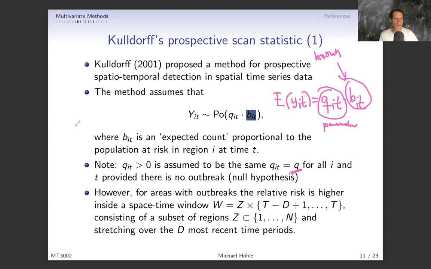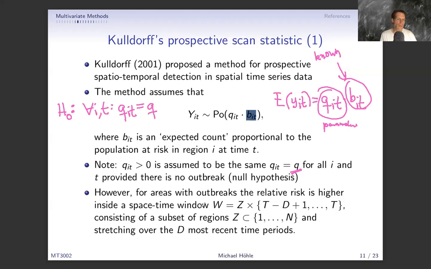So H null will be something like, for all regions and time points, we will have that q_it is equal to q, the same overall parameter. And we will contrast that with an out of control or alternative hypothesis, which says that there are some areas, and areas here we mean not only spatial, but spatial-temporal.